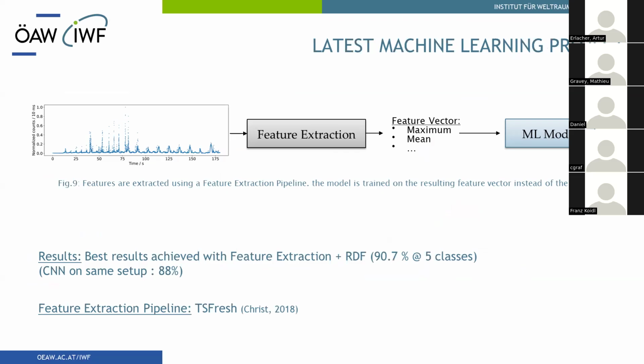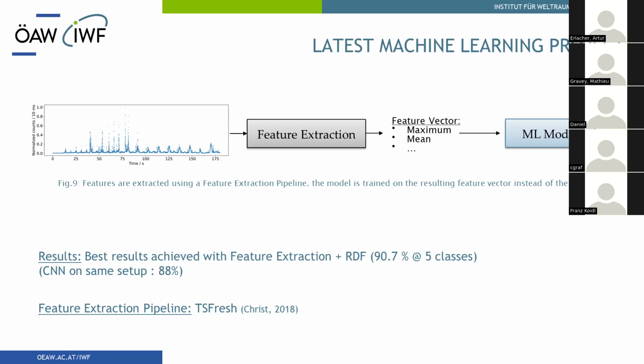Examples for features would be the maximum or the mean of a light curve. These are very simple examples, but essentially the vector denotes statistical properties that describe the light curve very well. So instead of feeding the raw light curves to the machine learning model, we trained it on this feature vector. And this way, we achieved very satisfying results.